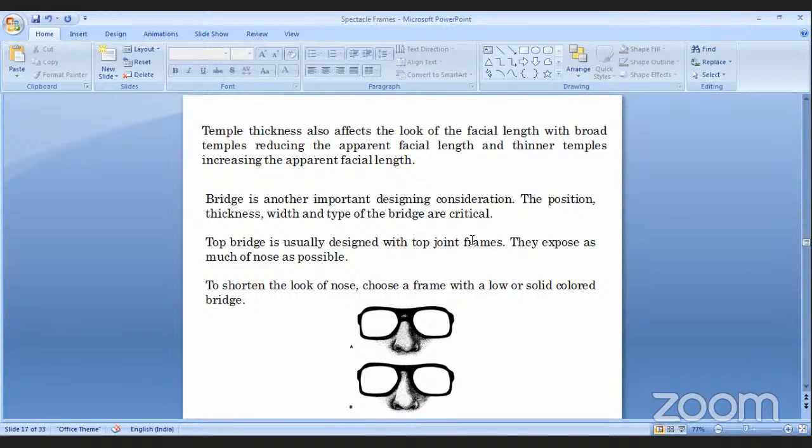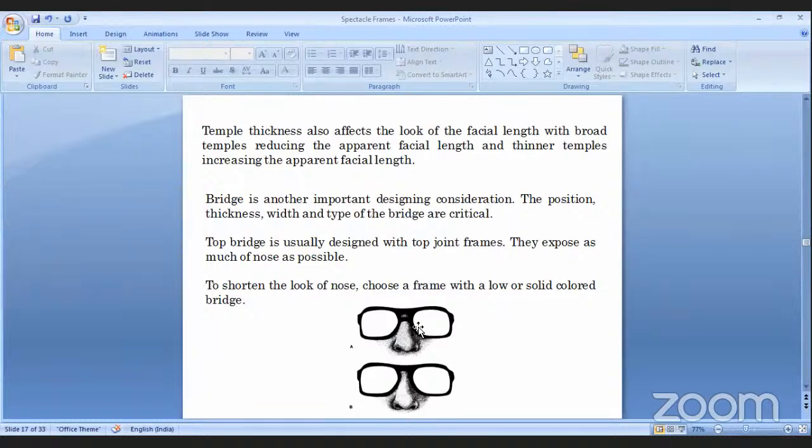Bridge is the second important criterion for designing the frame. The position of the bridge, thickness of the bridge, width and the type of the bridge are critical. Basically, there are two types of bridge available in the industry. We have a saddle bridge and we have a normal bridge, which is called keyhole bridge.